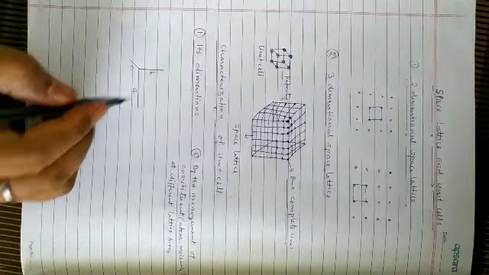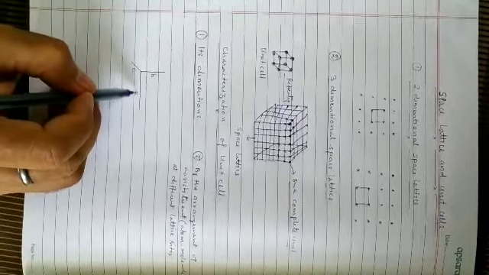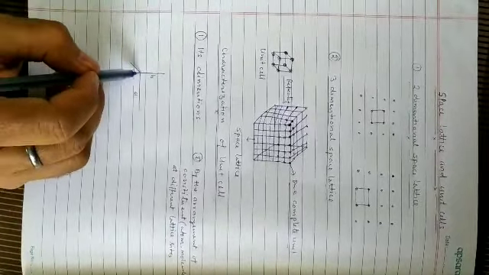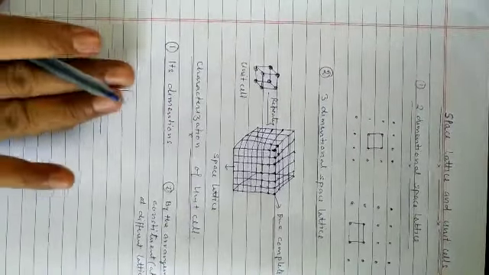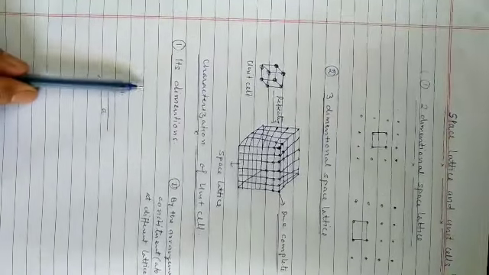As any cubic unit cell is characterized by these points A, B, C. A may represent its length, B breadth, and C represents its height. And another thing is, these lines represent one complete face. This represents one face, this represents another face, and this represents another face. So this shows how these faces are held at various angles.